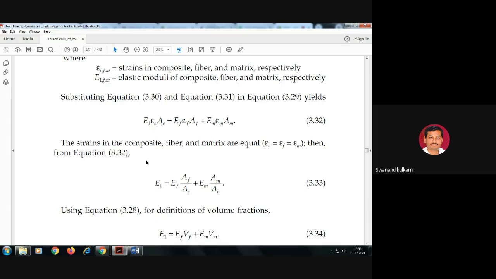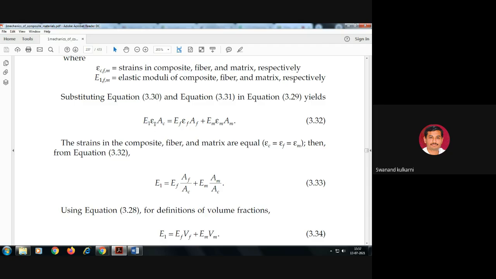If the strain acting on this composite, fiber and matrix is considered to be the same, then from this equation, we may consider that this Ac, which is on the left side, will now be transferred to the right side, where it goes in the denominator.